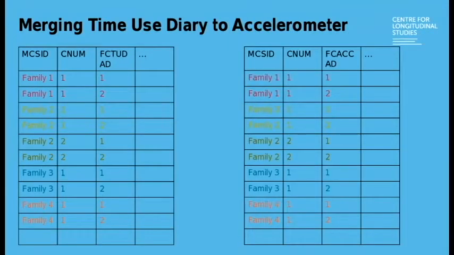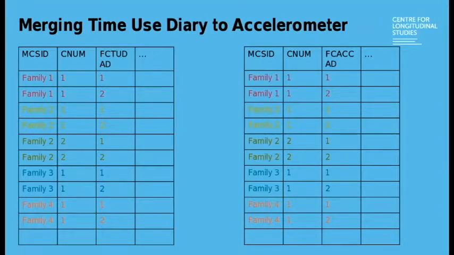The information of the time use diary and the accelerometer can be connected straight away if you keep only one row. You can do one-to-many, but it would be better if you reduce the information of the time use diary into derived variables, like I showed you how to derive the information, collapse it together and count how much physical activity the child has provided in the time use diary.